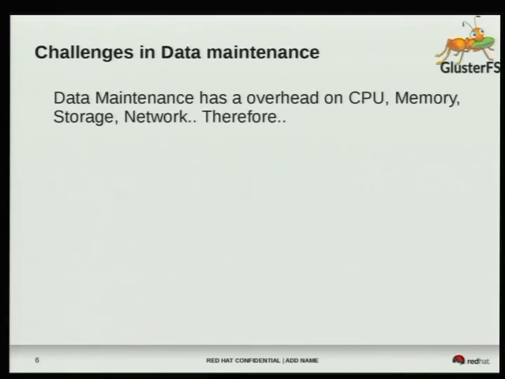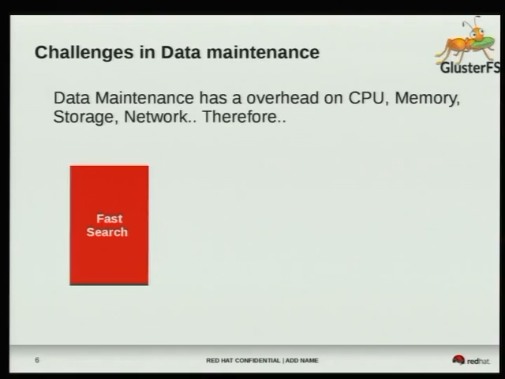What you can do is optimize on the search. Identify the data set which you want to do data maintenance on. And there comes a faster search. Do a quick search before your scheduled data maintenance task, and identify what you want to do with that data. So you need to do a fast search.